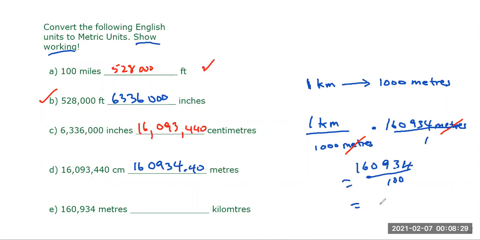And so this will be 1,000 here. And so the decimal point moves 3 places inwards, we end up with 160.934 kilometers. And that's it. Remember, what you're trying to find goes on top.